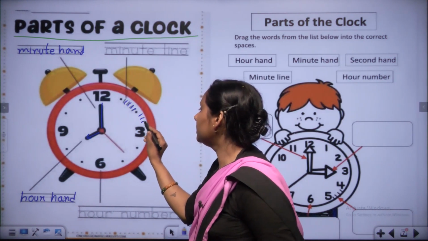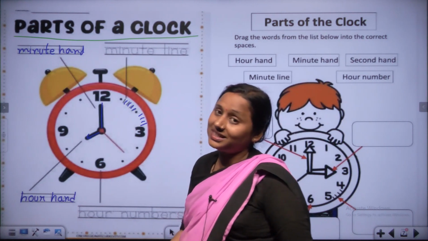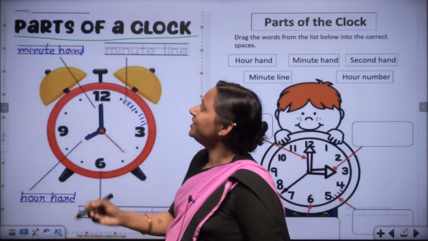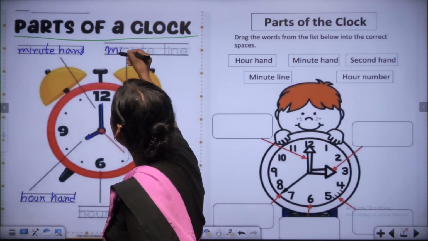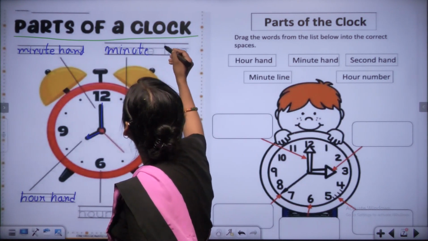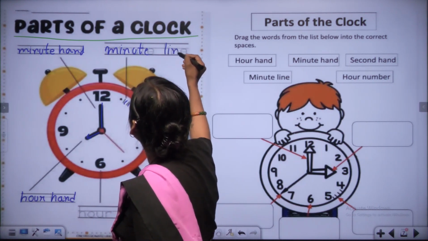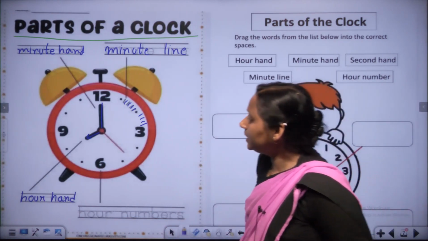Then 1, 2, 3, 4. What do we say? Yes, line. Hour line or minute line? Yes, children. Minute line. Spelling of minute. MINUTE. Minute. LINE. Minute line. Okay. This is minute line.